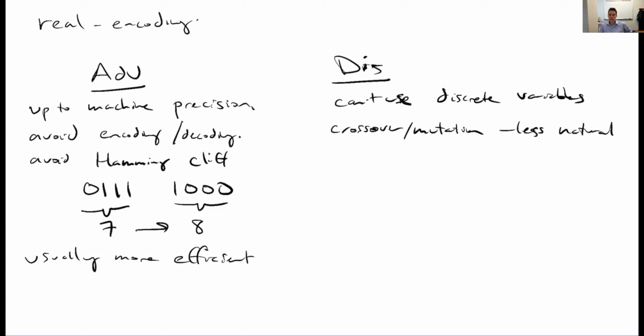For real encoding, it's less obvious how we should perform that step, because it just doesn't have the same kind of analog. But that's less of a problem practically, because even though it may be less natural, the methods we use end up being more efficient anyway. So again, to recap, this is what's used now most of the time, a real encoding, unless you really need discrete variables.